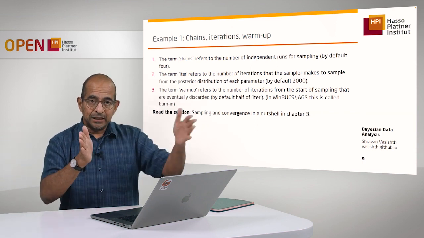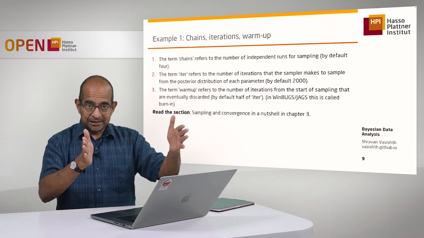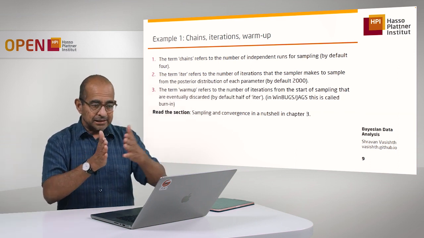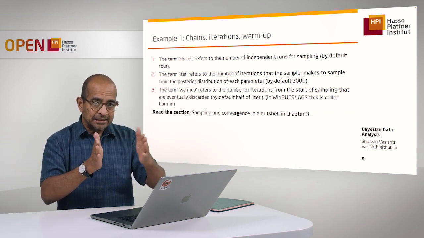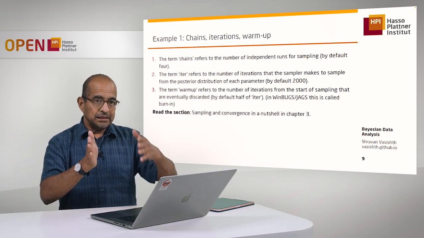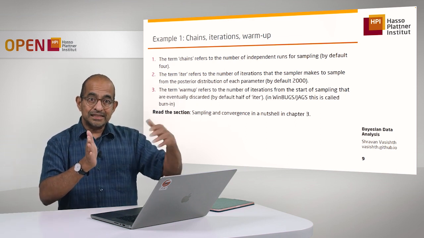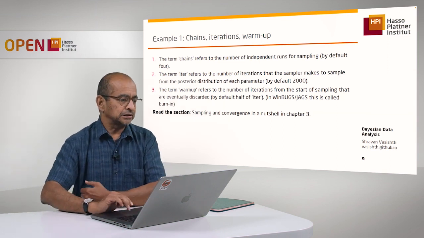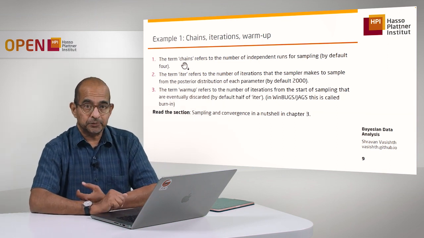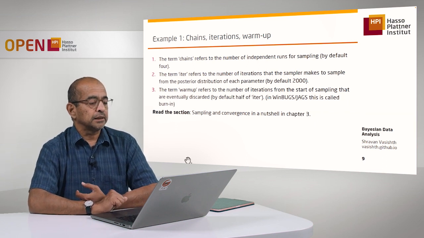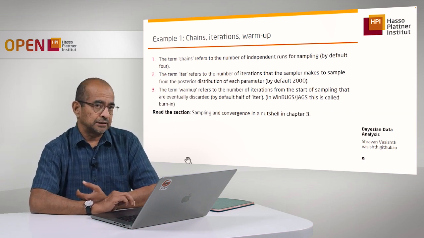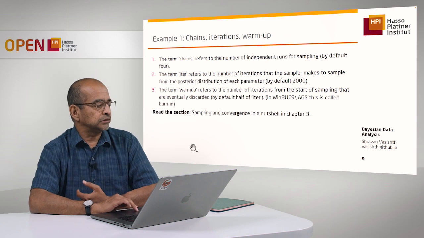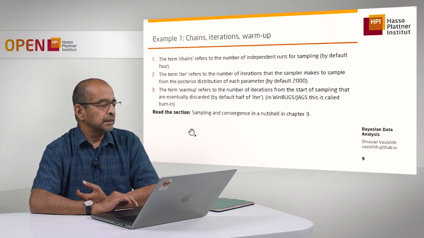The reason we have multiple chains is that we want to check that we are consistently getting samples from the same distribution. So we want to look for consistency across these chains. That's why there are 4 chains by default in BRMS, and you should leave it at that. You should not change that for these kinds of simple models.